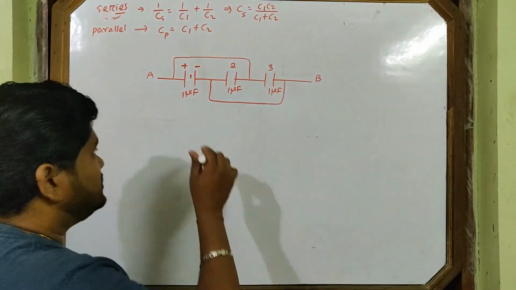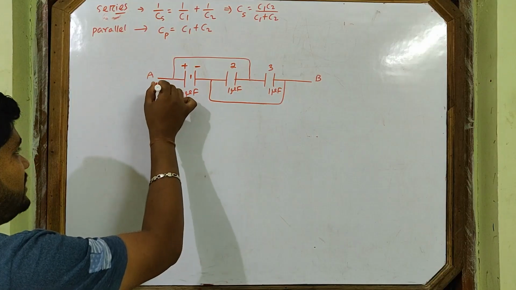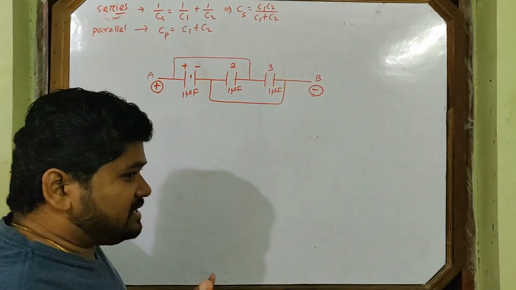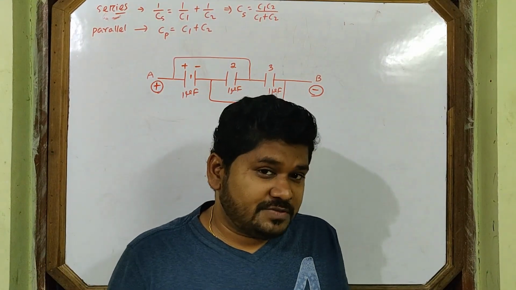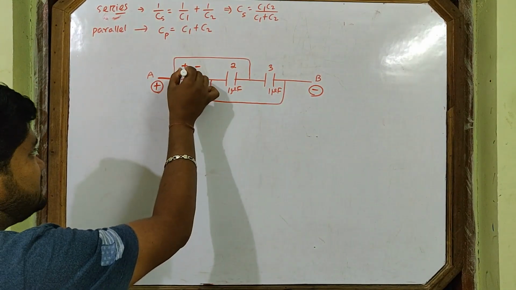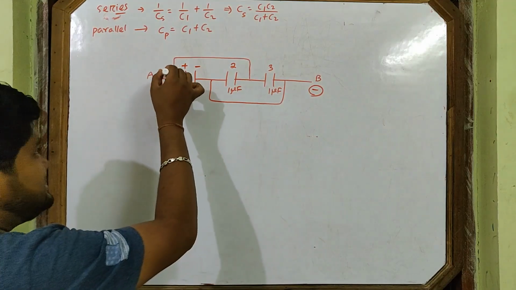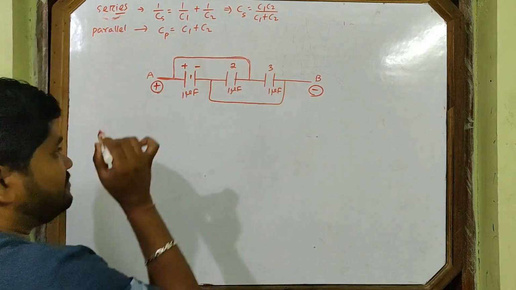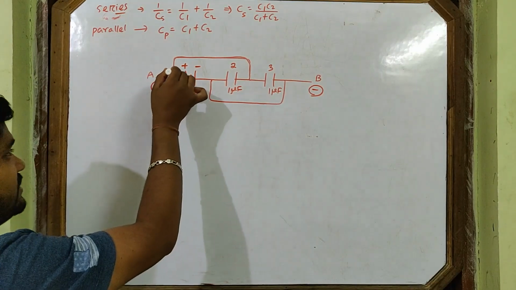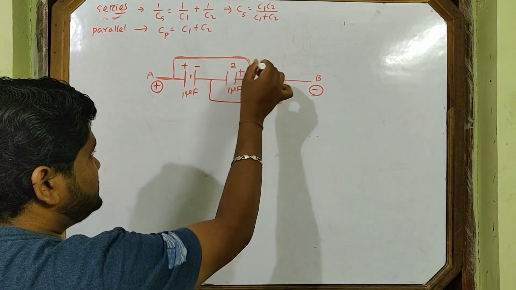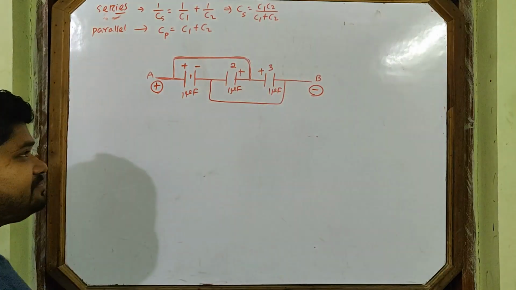So take this terminal as positive and this terminal as negative, because if two terminals are there, one must be positive, the other must be negative. Positive is connected to this plate, so it is positive. The same positive wire, you see how the marker is going, is going here, so this is positive, and this is also positive.